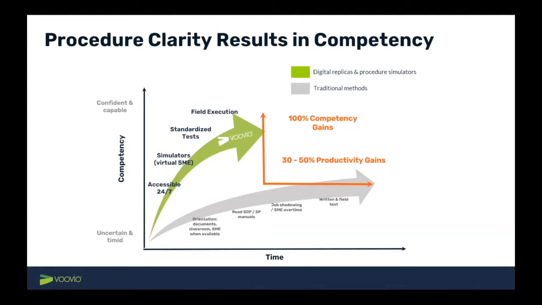That's their traditional way of qualifying an operator in a job. Some level of orientation, reading procedures, and then job shadowing. And the job shadowing is dependent upon the SME transferring that knowledge on how he executes the job versus a procedure. And then a final sign-off, test, board review, etc.